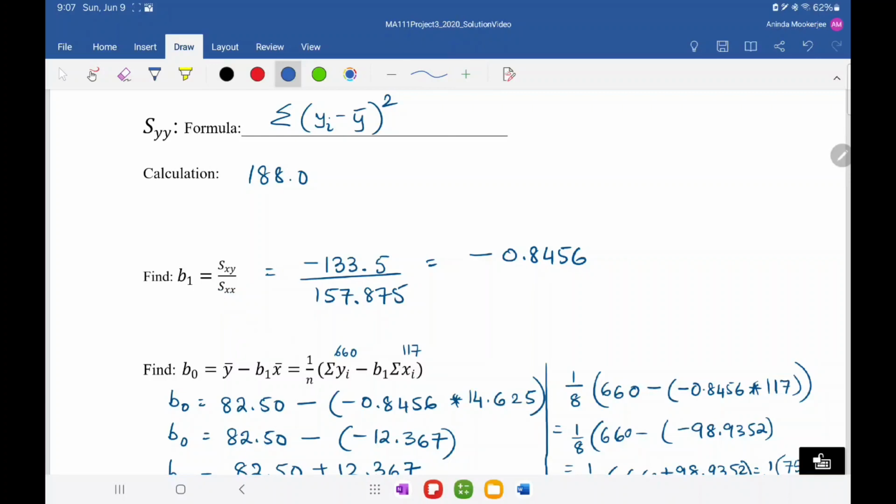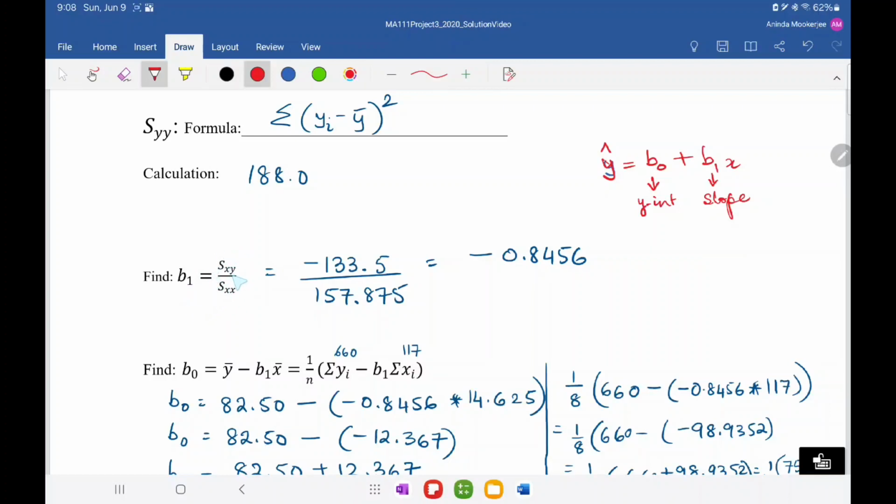So for the regression equation, remember the form. It was y hat equals b sub 0 plus b sub 1 x. So b sub 0 is going to be our y-intercept, and b sub 1 is going to be the slope. Okay, and here's the formula to find the slope.